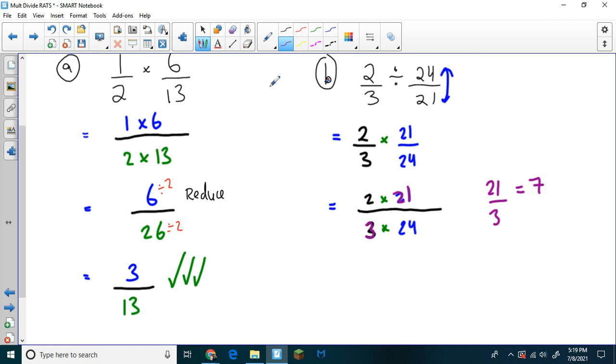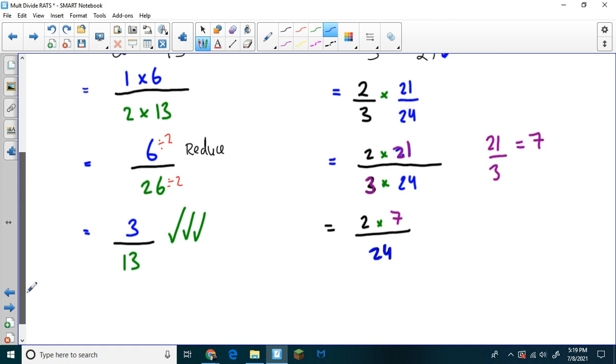So for my next step, I can just write 2 times 7 over 24. And then we get 2 times 7, which is 14 over 24. We also want to simplify this further.